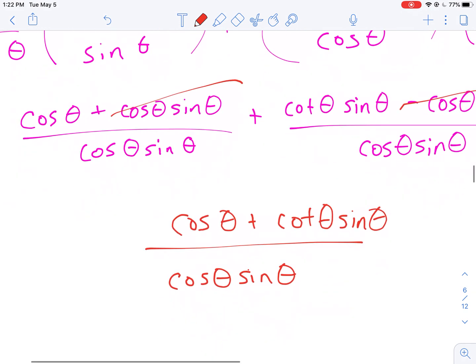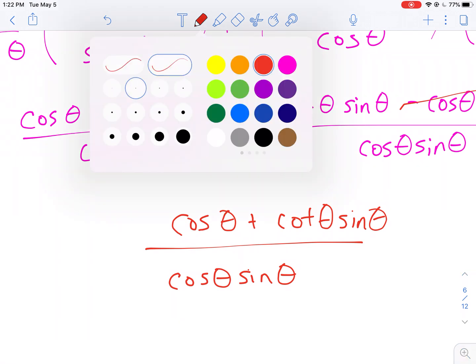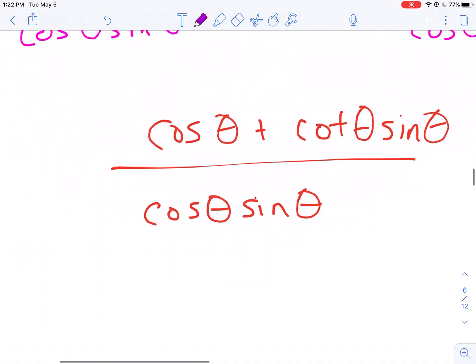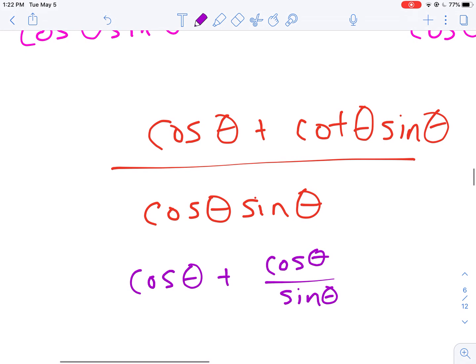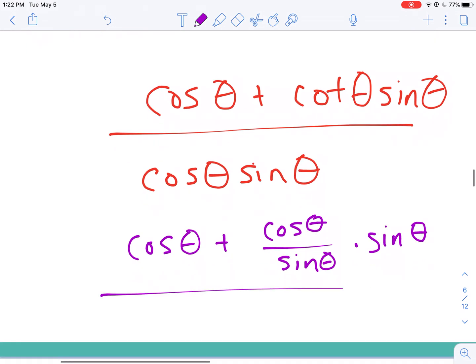Well, I can rewrite the cotangent of theta, and I'm going to call this the cosine of theta plus the cosine of theta over the sine of theta multiplied by the sine of theta, because cotangent is equal to the cosine over the sine. And this is all over the cosine of theta sine of theta.